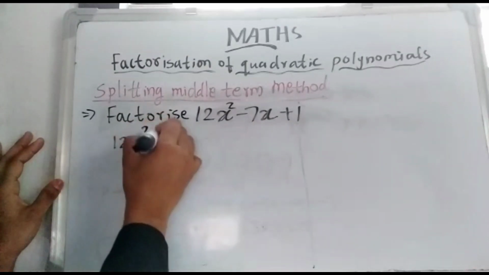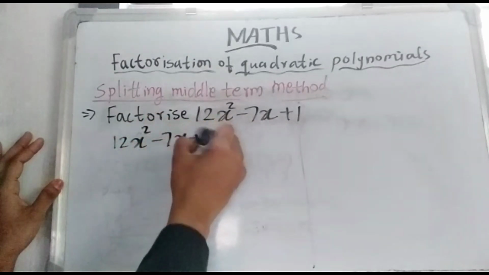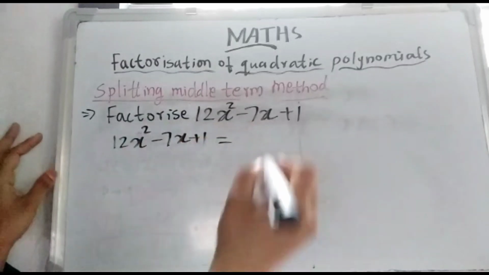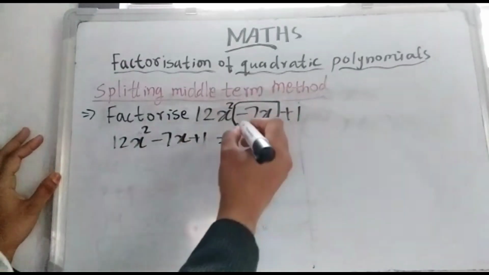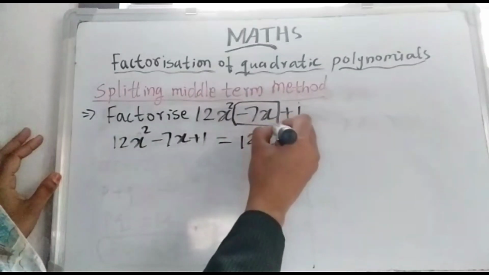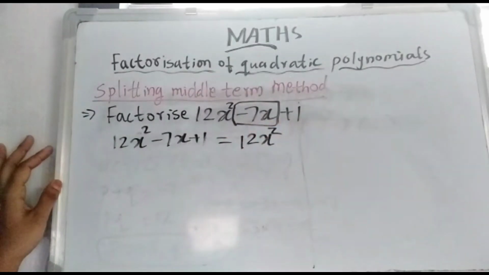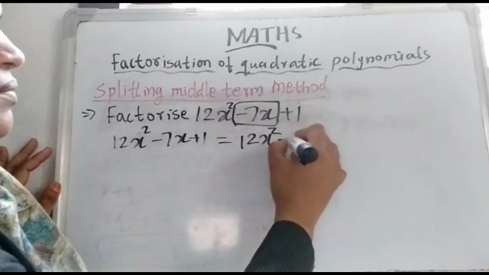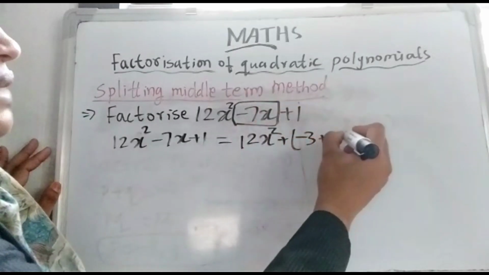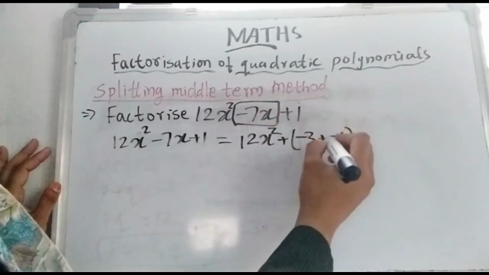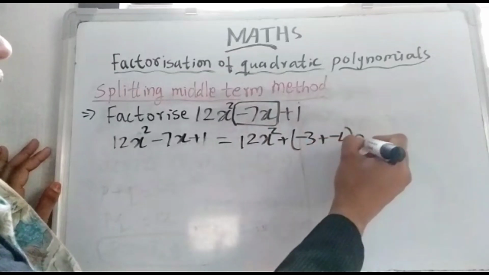12x square minus 7x plus 1 is equal to, split this term minus 7x. 12x square minus 7x, where P is minus 3 and Q is minus 4. Actually minus 7 is minus 3 plus minus 4, of x.